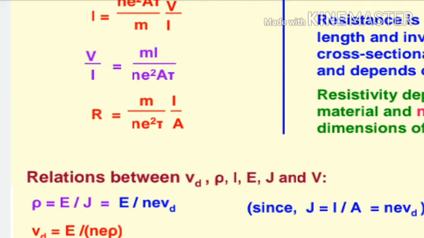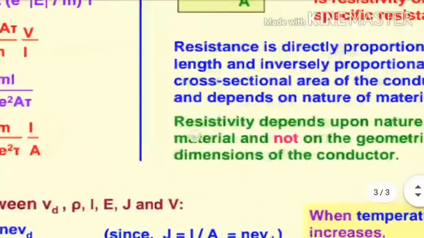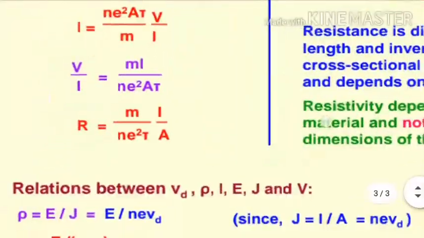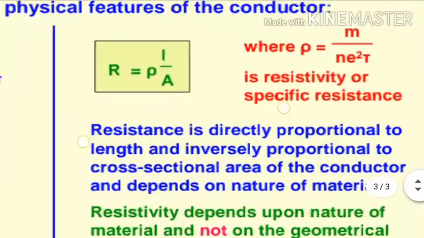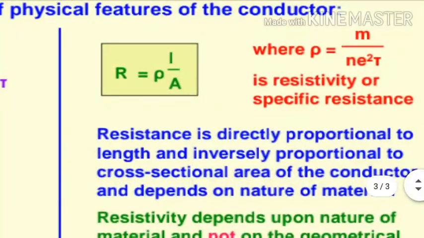So if we replace the term m upon ne squared tau by a symbol rho, the resistivity of the material, we can easily find that R equals rho L by A, where rho equals m upon ne squared tau. It is known as resistivity or specific resistance.